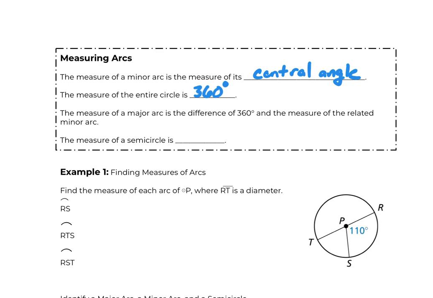Full circle all the way around will always make 360. To come up with the measure of a major arc, we'll always take 360 minus the minor arc. Okay, and a semicircle, the prefix semi is half, okay? So we're talking about a half circle here, so 180, or 360 divided by 2, would be a semicircle.